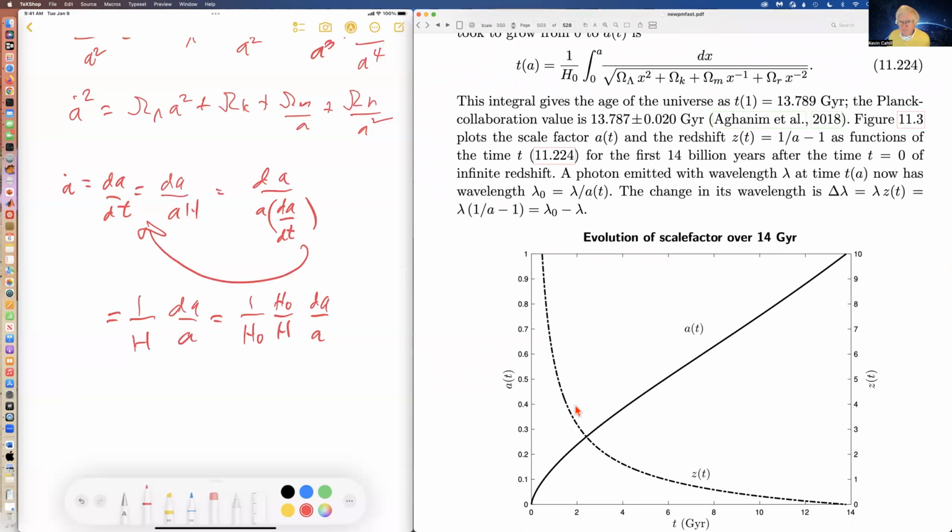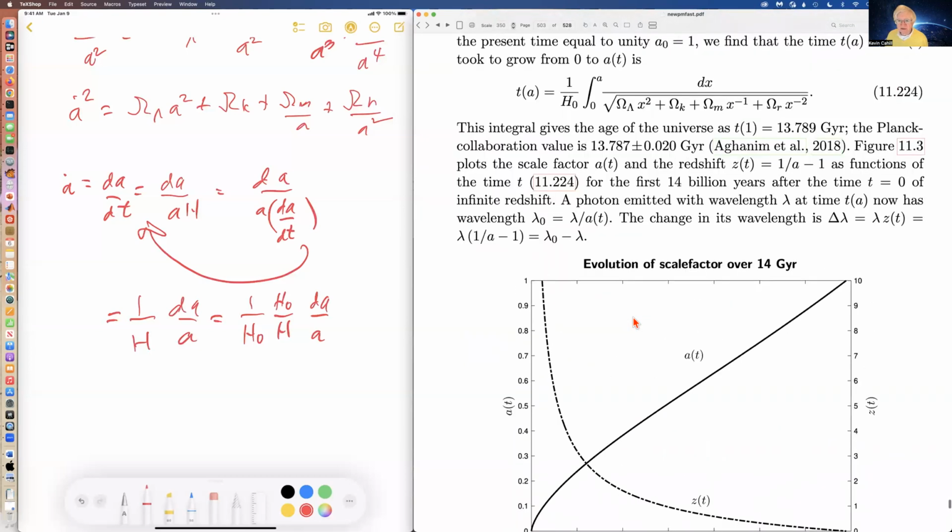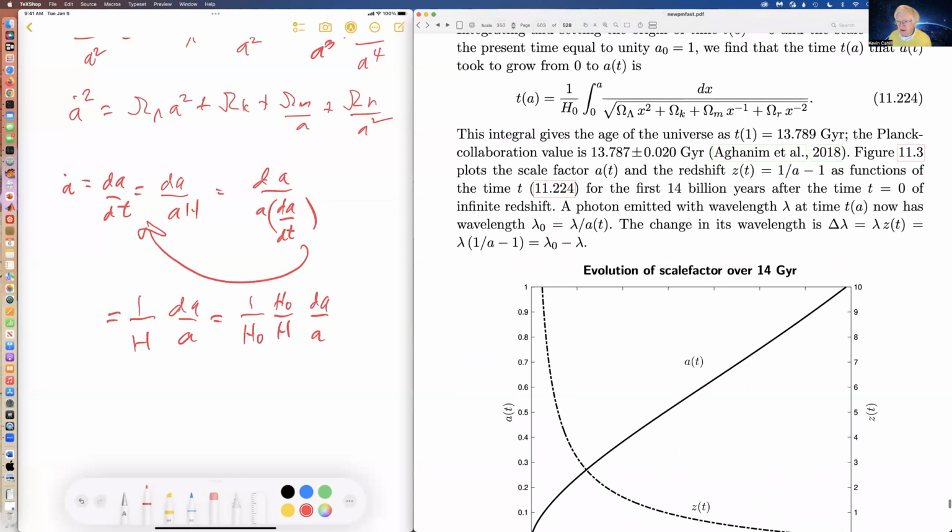One can also compute the redshift as a function of time, and the redshift here is 1 over A minus 1.